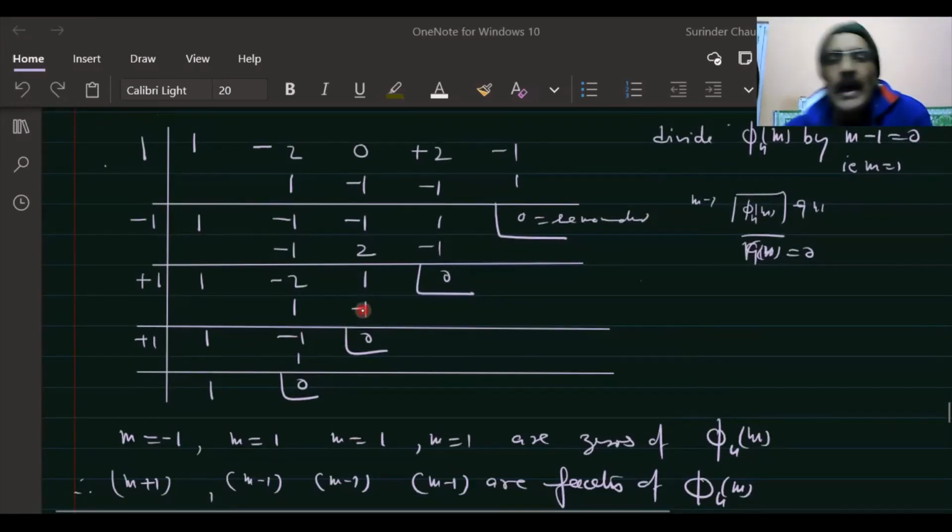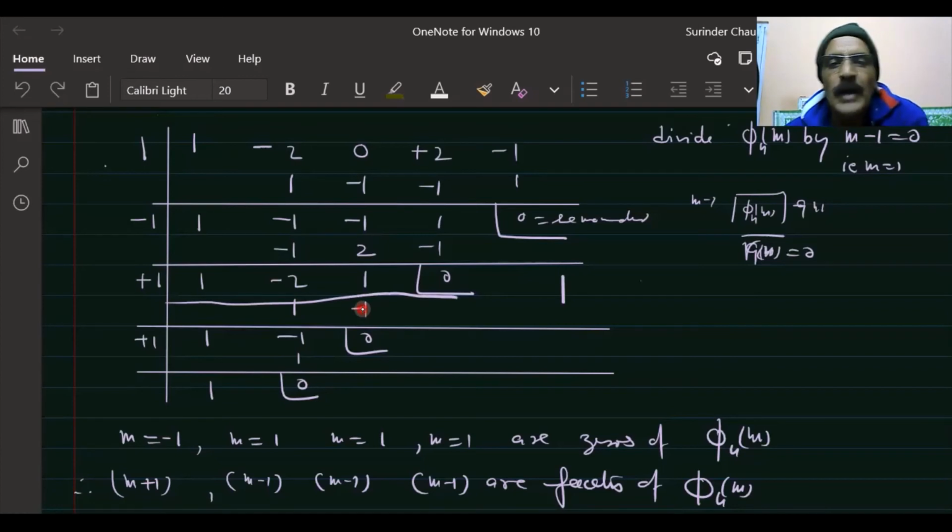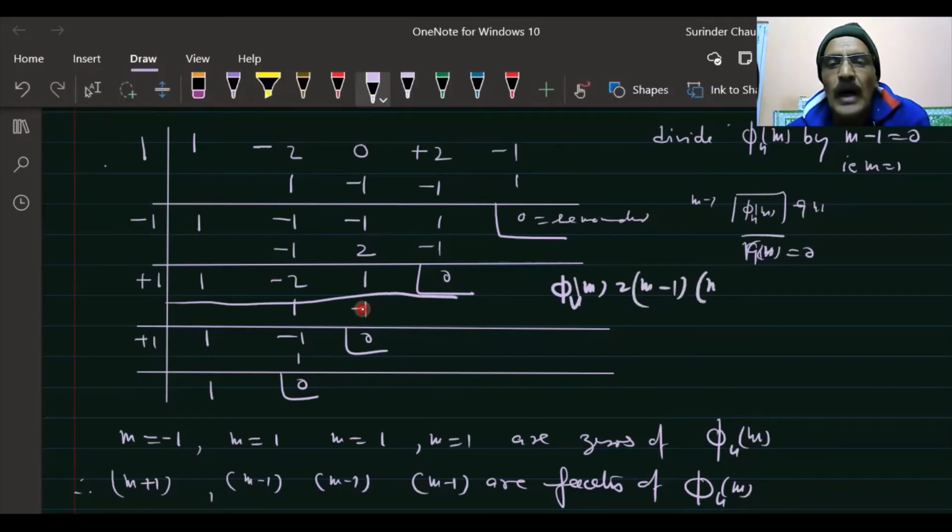Now, again, we can solve it here also. Now, we can write phi 4 of m. If you want to solve it from here, we can write phi 4 of m is equal to m minus 1 into m plus 1 into, this will be equal to how much?